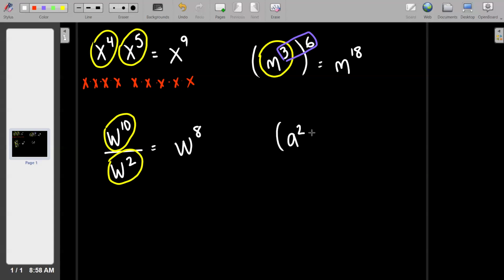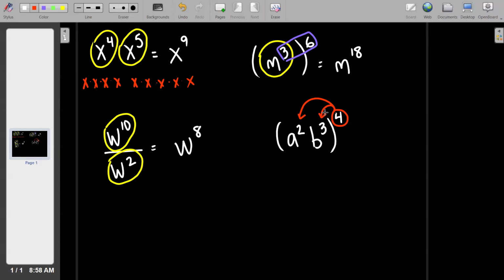And I have another thing multiplied right next to it, b to the third, and I raise that to some exponent, like 4, -2, 5, 9, it doesn't matter. What I have to do is take that exponent that's on the outside and distribute it to each of the items on the inside.